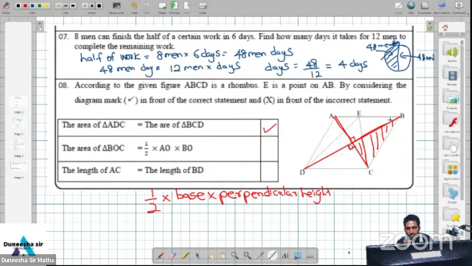Okay, so එතකොට මෙතන perpendicular වෙනවා. Then AO and OC are equal. So half multiplied by AO multiplied by BO is correct.